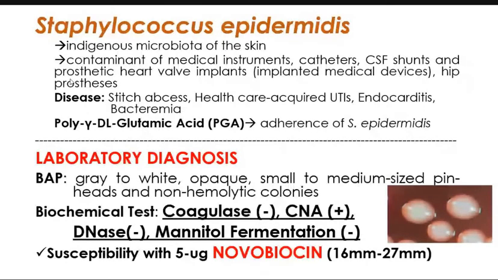Kasi sabi nga natin kanina, sa general characteristic, we can grow them on blood agar plates. They are non-hemolytic. Meron siyang positive growth sa CNA. Okay? And then negative DNase, negative mannitol fermentation.